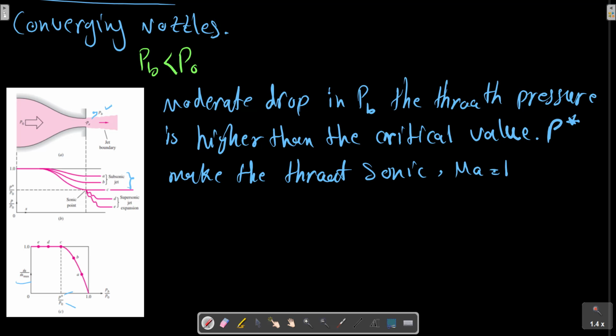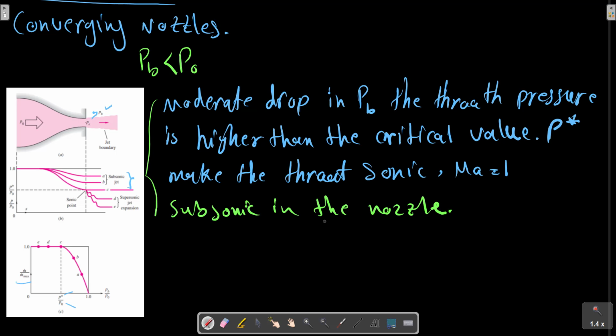The flow in the nozzle is subsonic throughout and the jet exit pressure PC equals the back pressure. So the flow in the nozzle in this case is subsonic, and PC equals the back pressure.